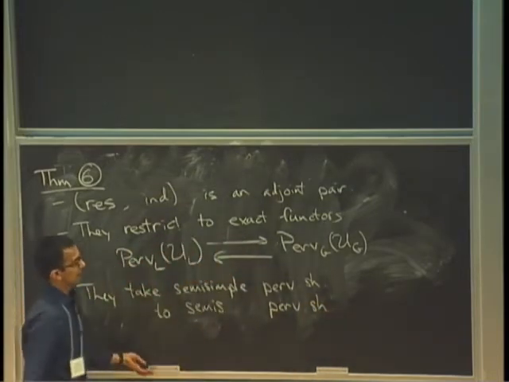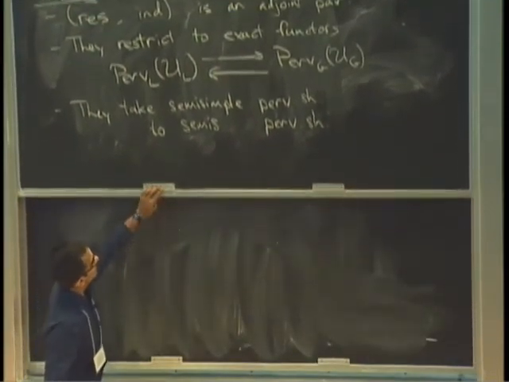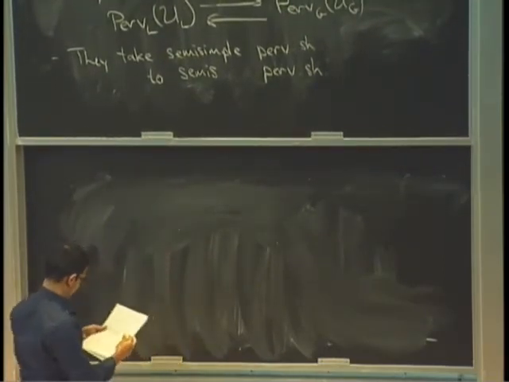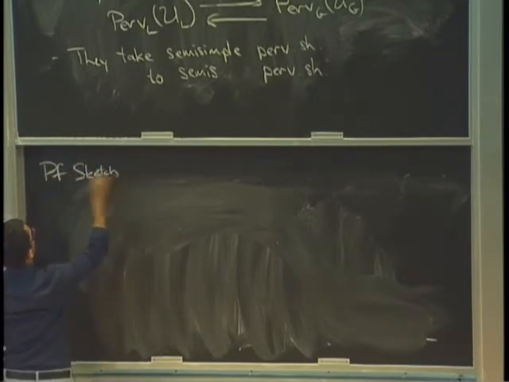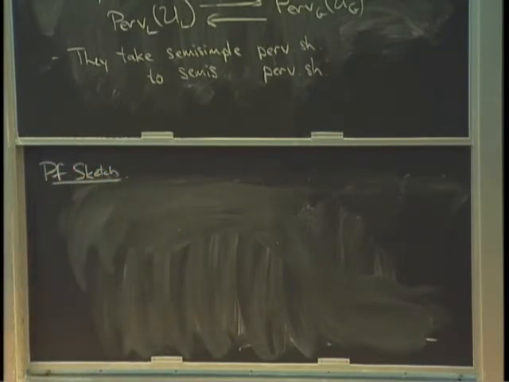I'll tell you some of the ingredients that go into this. For the exactness, the exactness statement is morally the same kind of statement as one from yesterday, which I think I called theorem 4, which said that the Springer sheaf is a perverse sheaf. And Victor Ginzburg had a semi-smallness theorem in his talk, and that was also of this flavor.